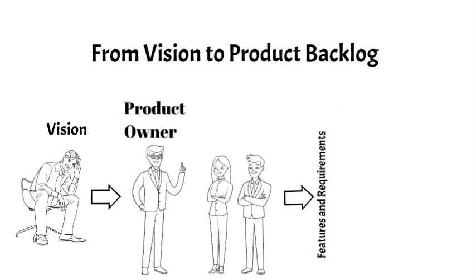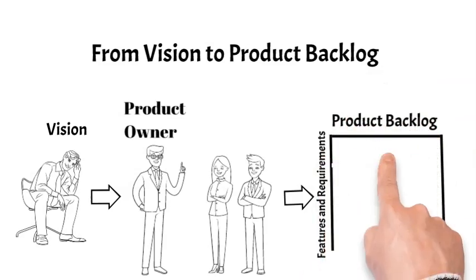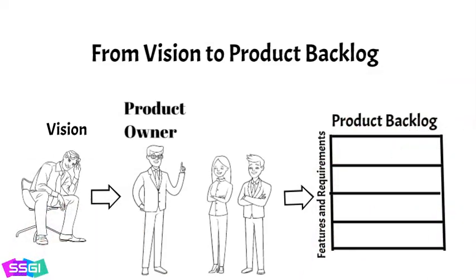These features and requirements define the function or value that clients and users can expect to obtain from the project. With the help of the product owner, they are summarized in what is called the product backlog, a formal document that drives every remaining step in the Scrum process.